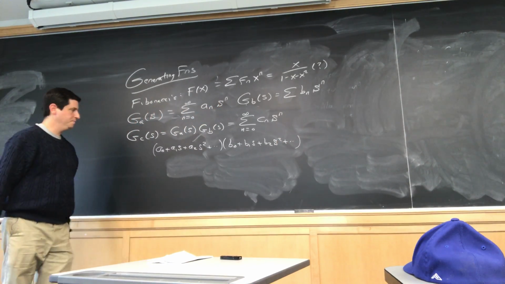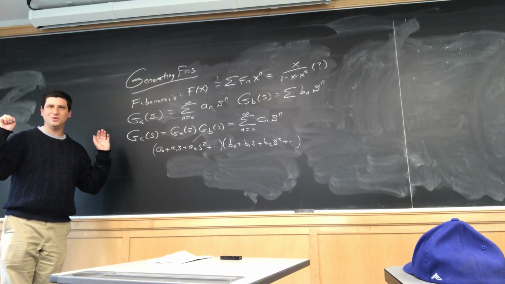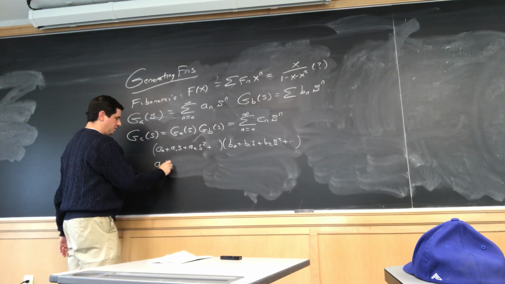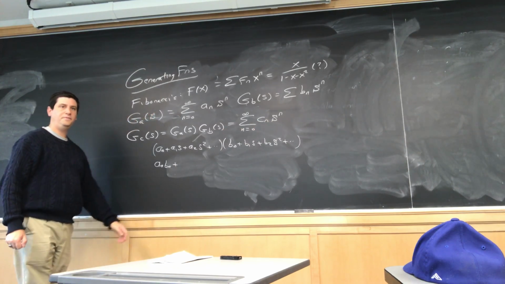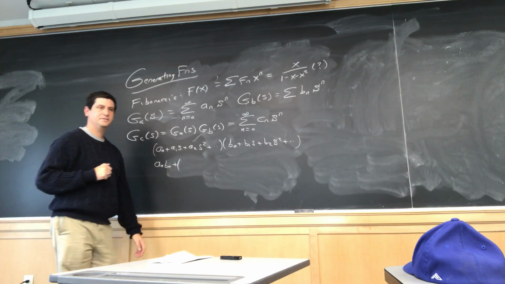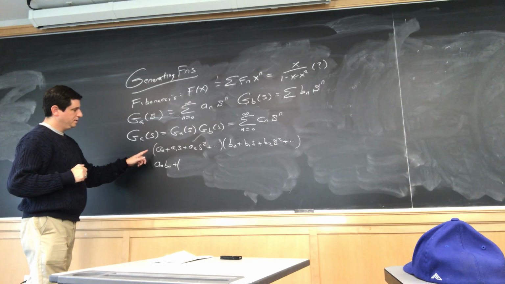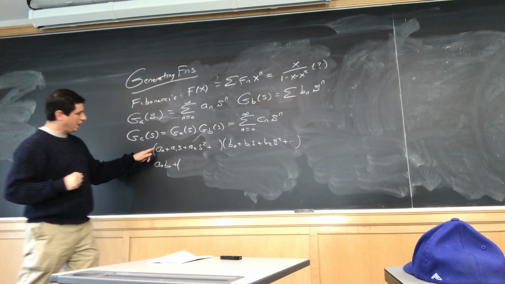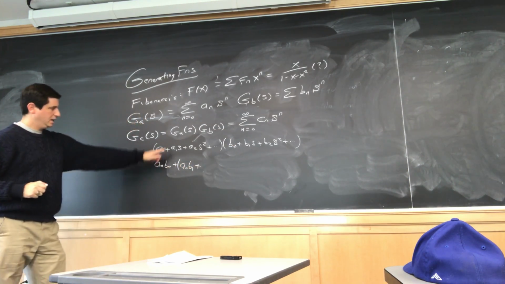And when we multiply, we basically promise to take real analysis in the future and not worry about convergence. a0 times b0, that will be the constant term. Now, how can I get a term of size s, just one s? I would do a0 times b1 plus a1 times b0.